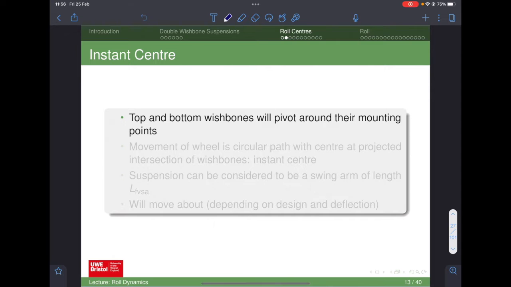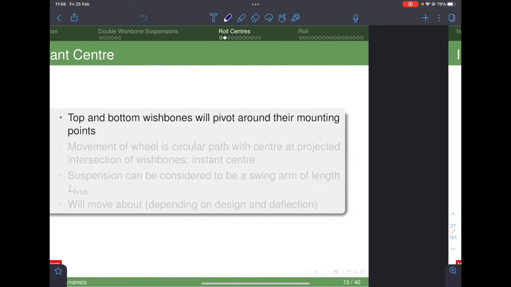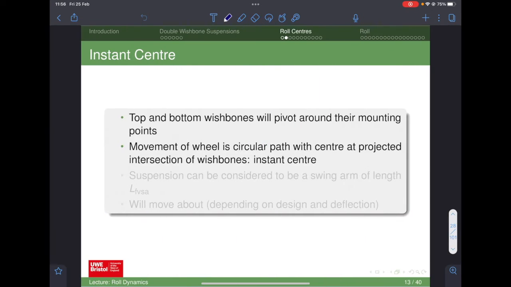So, like I said, the top and bottom wishbones will pivot around their mounting points. The movement of the wheel is in a circular path, with the centre at the projected intersection of the wishbones, which is known as the instant centre. Like I said, if your wishbones are converging or diverging, then that instant centre can be inboard of the wheels, or it could be outside of the wheels.